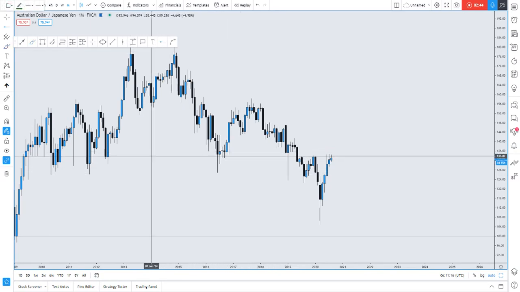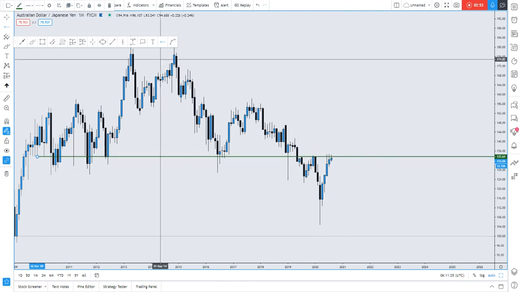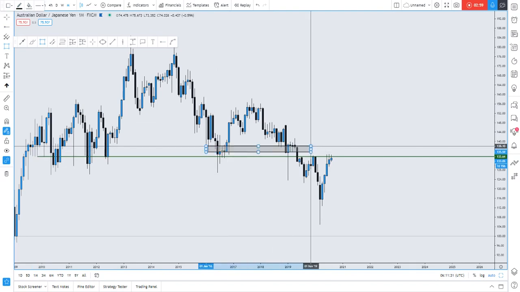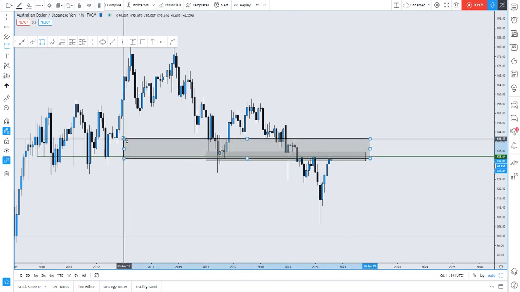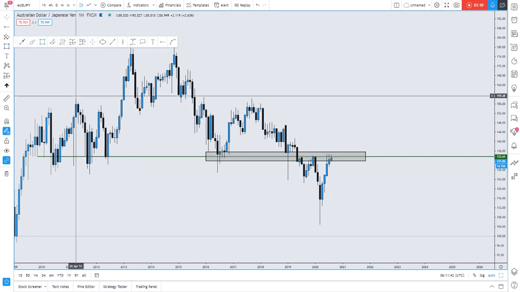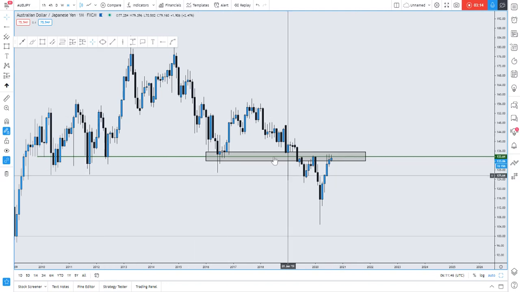Looking at this previous area of structure, you can see how well it aligns with current structure in price. I can now throw my box tool on this to just show relevance. Price acted as support here, support here, support here, support here.